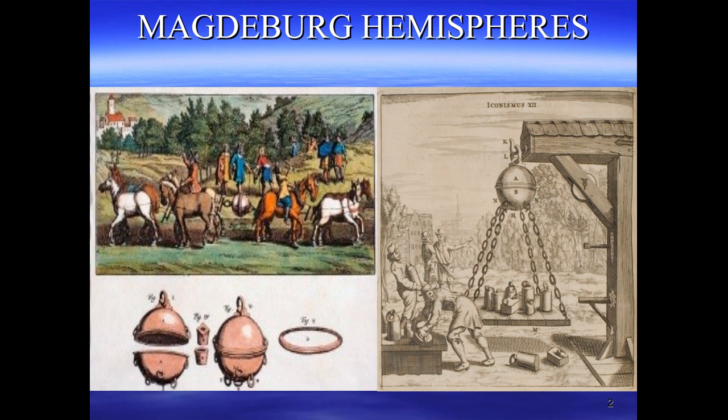At the right-hand side, we see another version of the experiment. You put one side of the hemisphere fixed somewhere, and to the other end you attach a kind of balance.